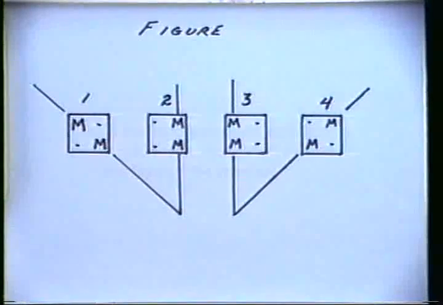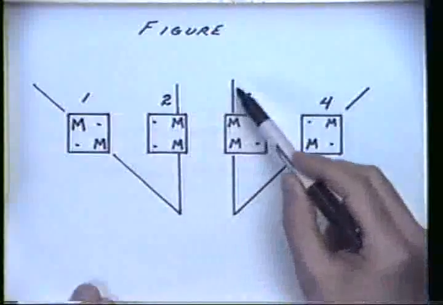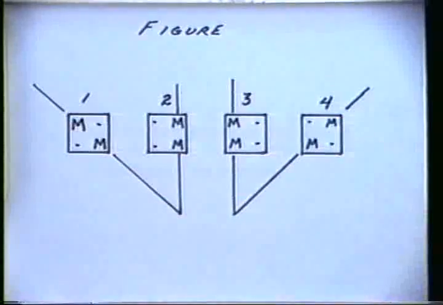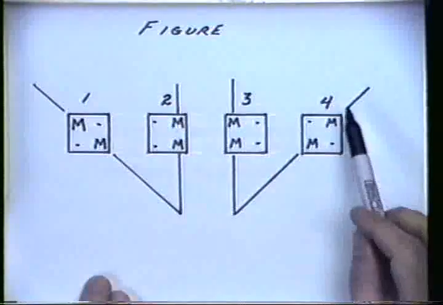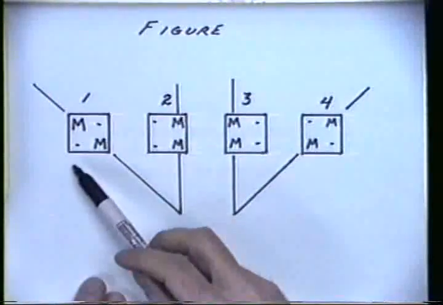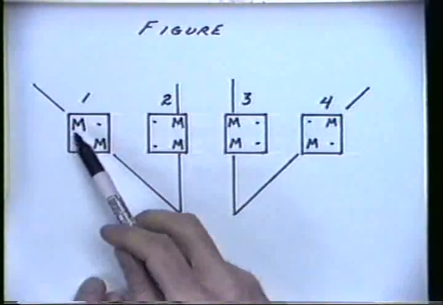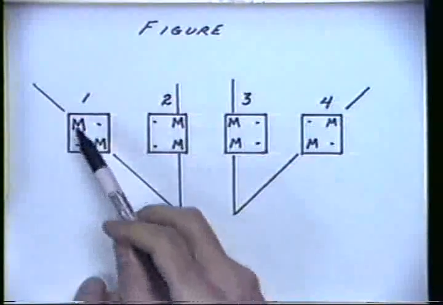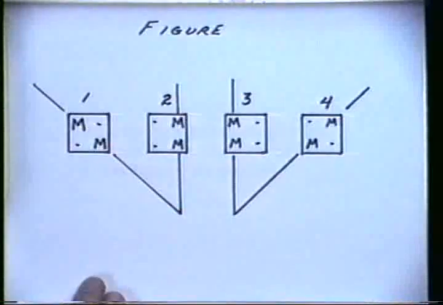There's a similar one in your textbook. We have something that looks like a shirt collar here, and this is a nice, easy way of remembering the different figures. There are four figures, figure 1, 2, 3, and 4, and as I said, it is determined by the placement of the middle term. The M's here in these blocks stand for the middle term.